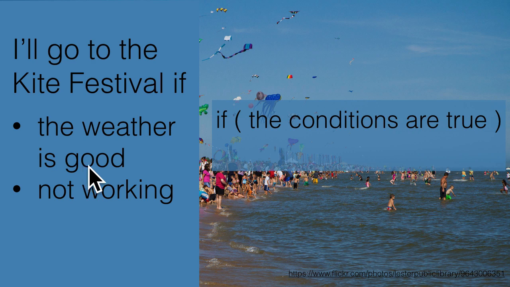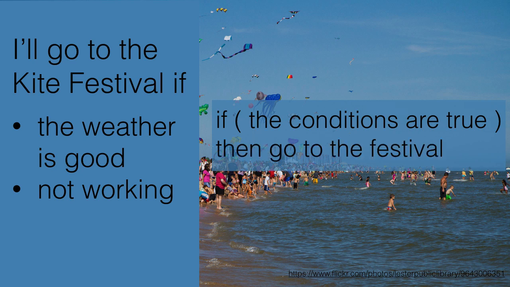In my case, it's the weather is good and I'm not working. If the weather is good and I'm not working, both of those are true. Therefore, the if becomes true. Then I'll go to the festival. See how that works? It's converting our natural language into something we're already kind of saying, but putting it into a little bit more of a structured, logical type of language.